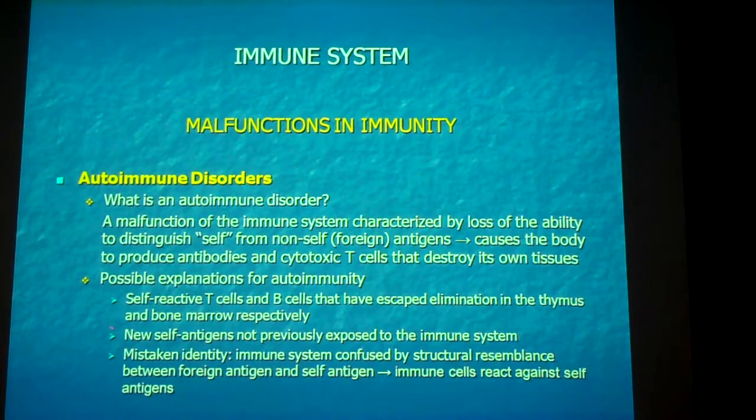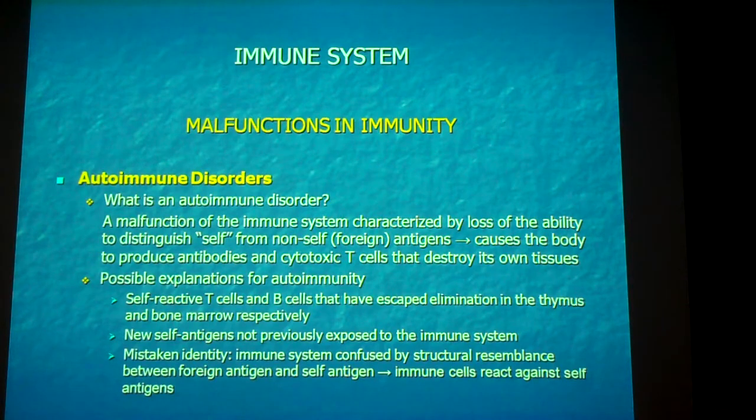Maybe we encountered new self-antigens that were previously not exposed to these B and T cells. Or it could be a case of mistaken identity. Sometimes there are body parts that have a molecular structure that's very similar to a foreign antigen, and so our immune cells will attack that tissue.